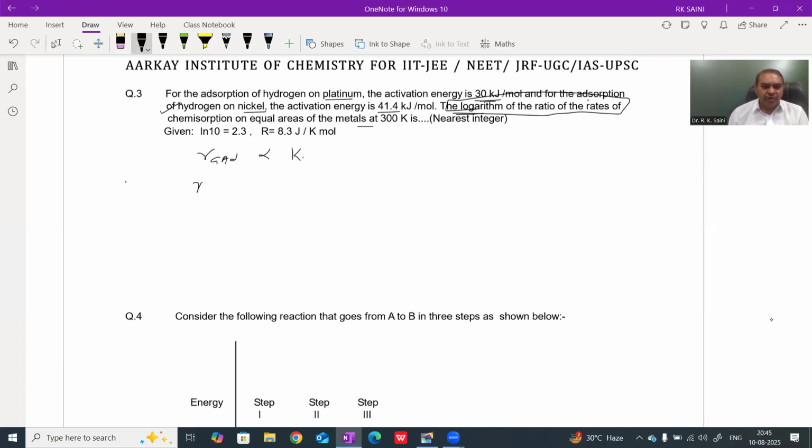The rate of adsorption of hydrogen on platinum upon the rate of adsorption of hydrogen on nickel surface equals K of platinum upon K of nickel. And we know that the rate constant equals A e raised to power minus EA upon RT.